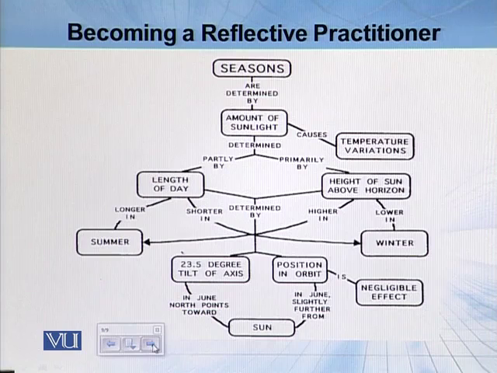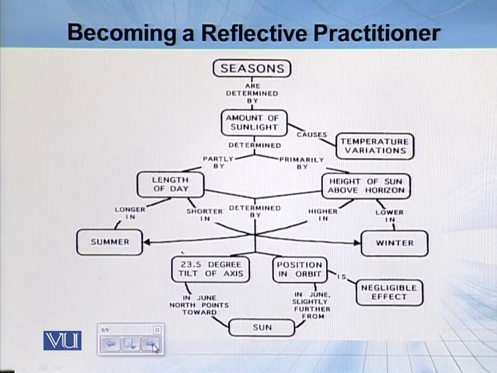And then the linkages between those concepts define the nature of the relationship. So, for example, amount of sunlight and temperature variations, the linkage there is that the amount of sunlight causes temperature variations. So, for the reflective practitioner, this means we'd be identifying and noting down individual concepts as they become explicit to us, and then, over time, building up the connections between these individual concepts as they become clear also.